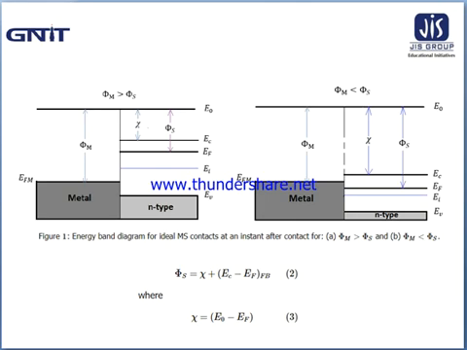Now, for the ideal metal semiconductor contact, several assumptions are made. What are the assumptions? First, the metal and the semiconductor are contacted intimately, which means there is no oxide or charge layer between the contact on the atomic scale.